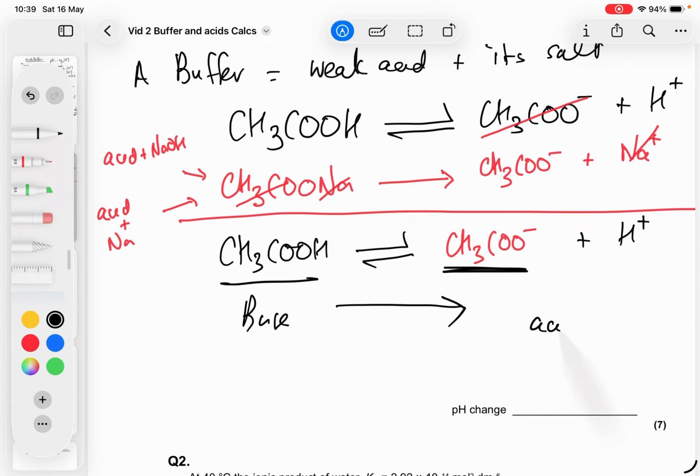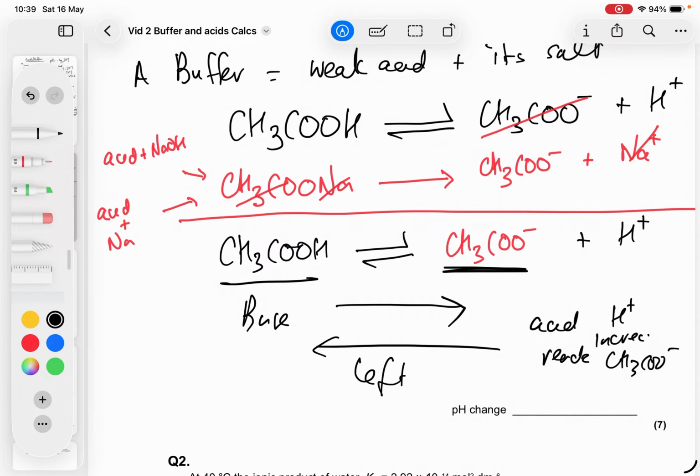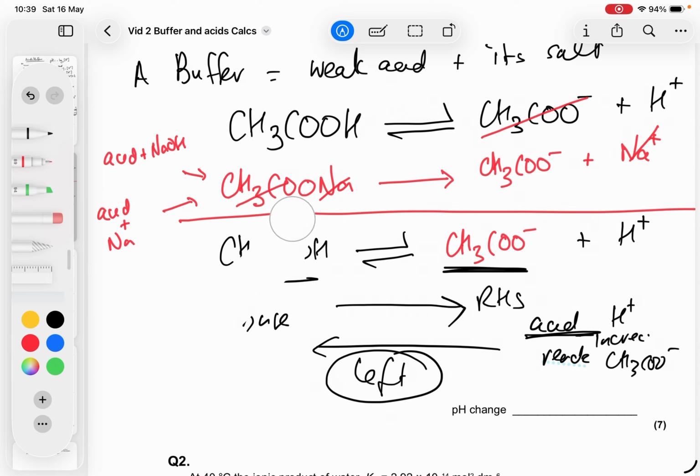When the acid is added to the buffer, H+ increases, that reacts with CH3COO-, and the equilibrium will move to the left. So base added to the buffer, equilibrium moves to the right hand side. Acid added, equilibrium moves to the left hand side. Ignore the first point I made there, my apologies.